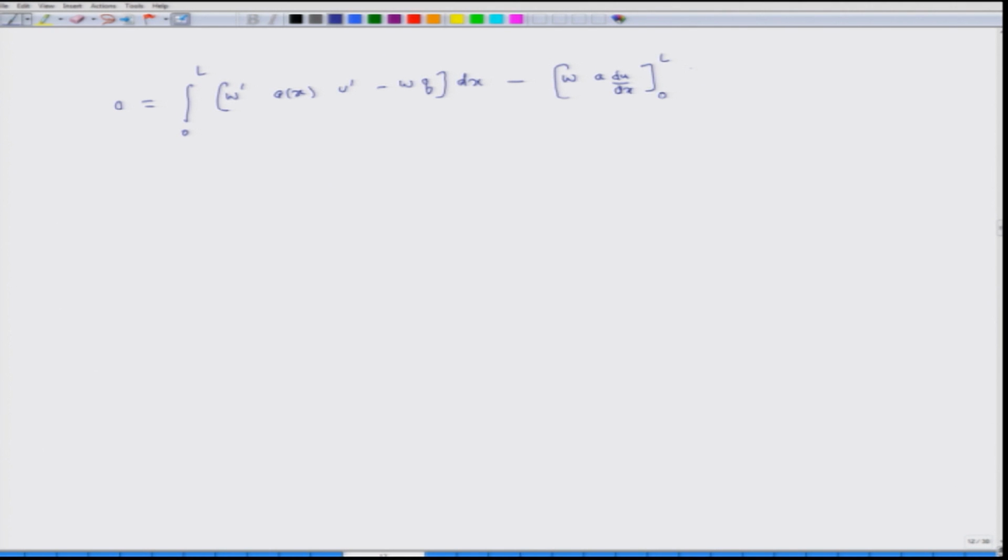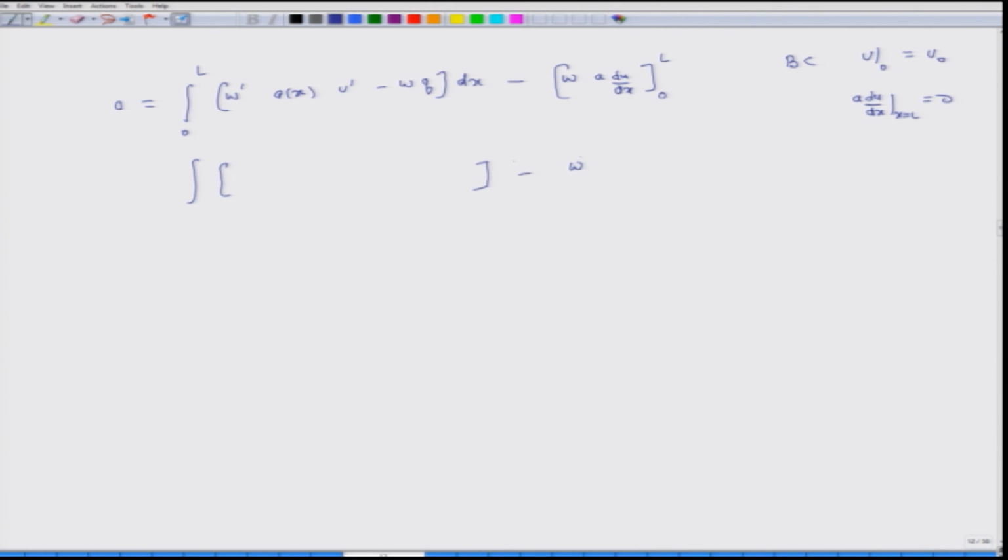This is the original weak form for the system, right, and my boundary condition was u at 0 is equal to some constant u naught and du over dx at x equal to L is 0. Okay.